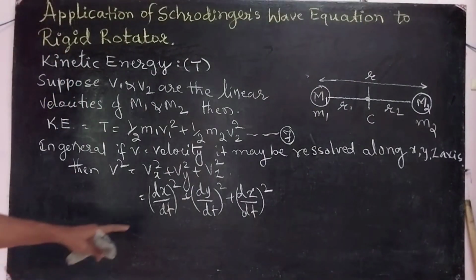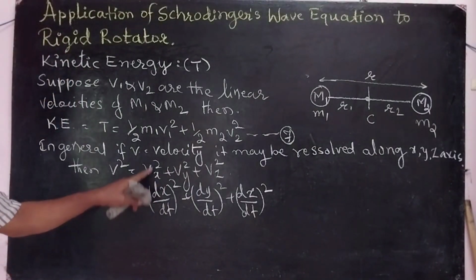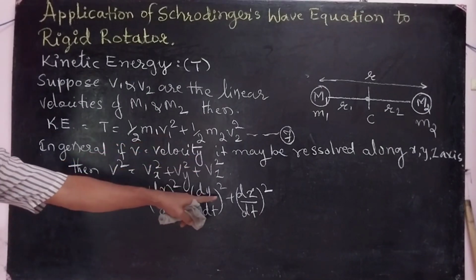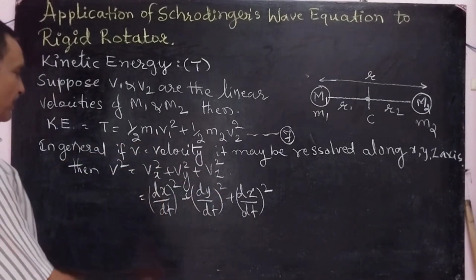In that way, we want to express the velocity square in mv square.